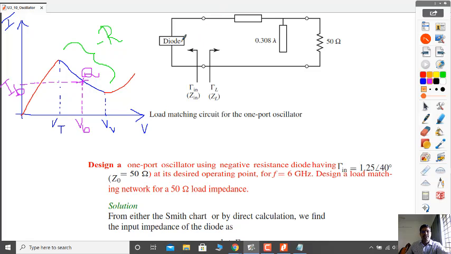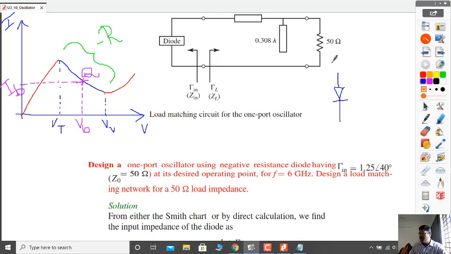Now, how do we provide this DC voltage to bias the diode, a negative resistance diode?